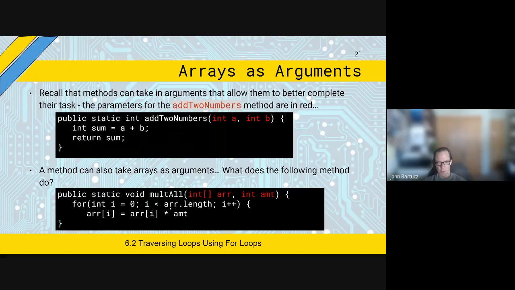What it does is it goes through every single element in the array and multiplies that element by the amount that's passed in and then stores it back into that element, in the same location. So if it were 1, 2, 3, 4, 5 in your array and the amount was 2, it would change that array to now be 2, 4, 6, 8, 10.